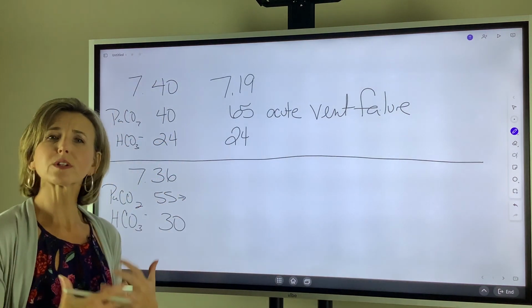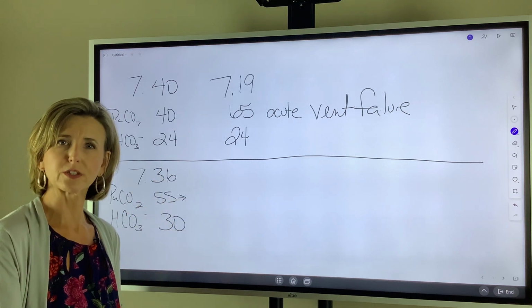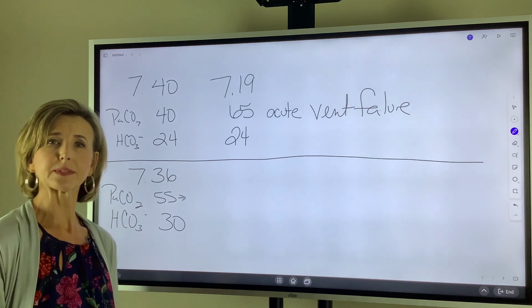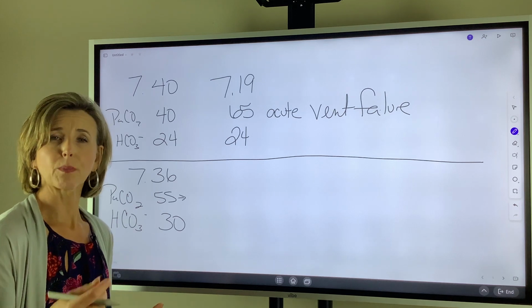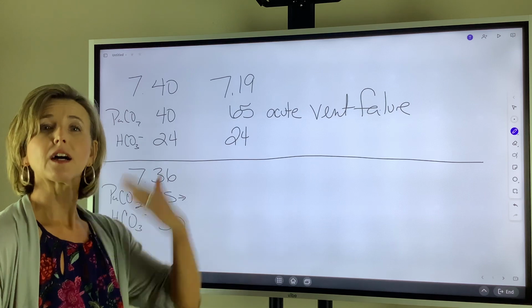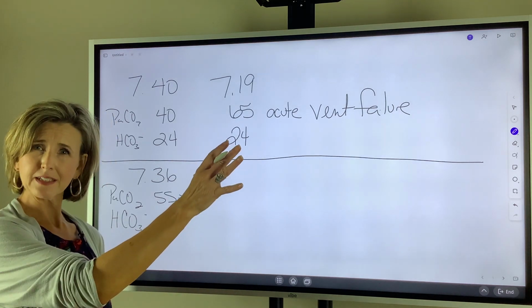It's more a description of what's going on with the patient rather than formal interpretation, because you really can look at this blood gas and say this is an uncompensated respiratory acidosis, and it is. But in clinical practice, more often you're going to hear a therapist say this patient is in acute ventilatory failure. Pretty easy. That makes sense, right?